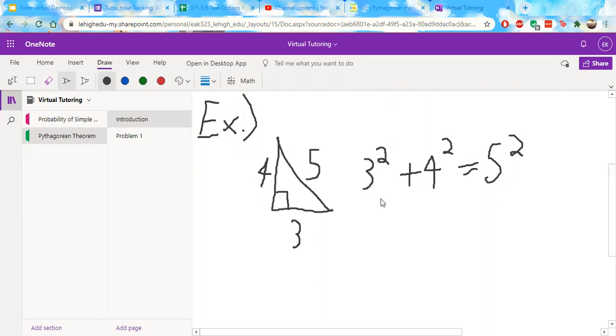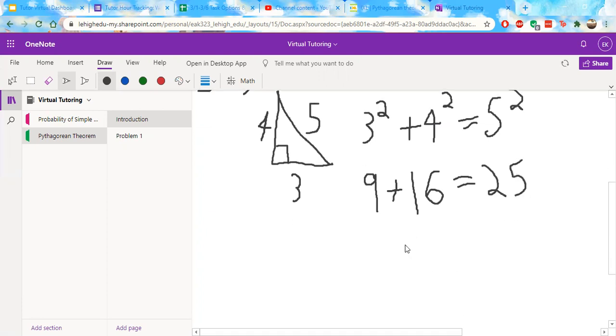3 squared is the same as 3 times 3, which is 9, plus 4 squared is the same as 4 times 4, which is 16. And then 5 squared is 5 times 5, which is 25. Now if you do 9 plus 16, that equals 25.